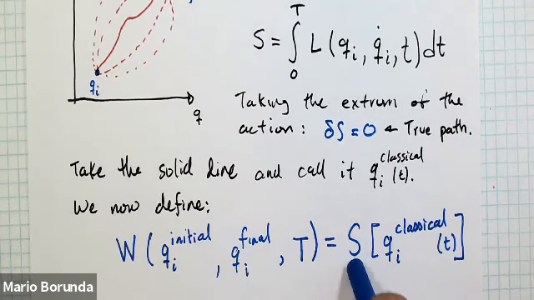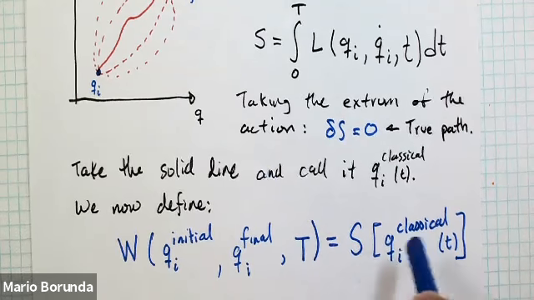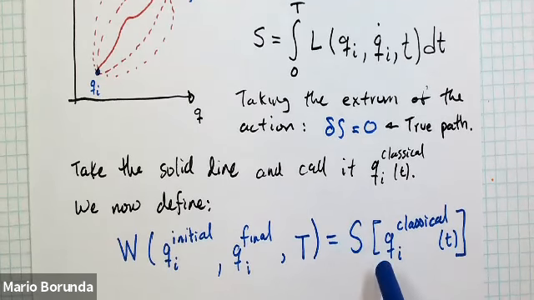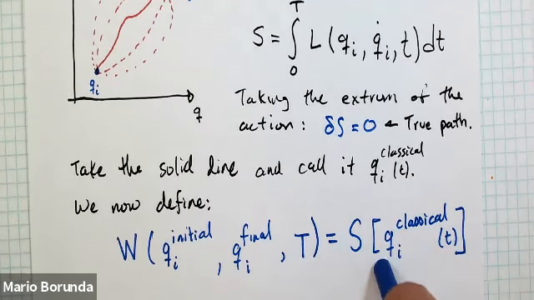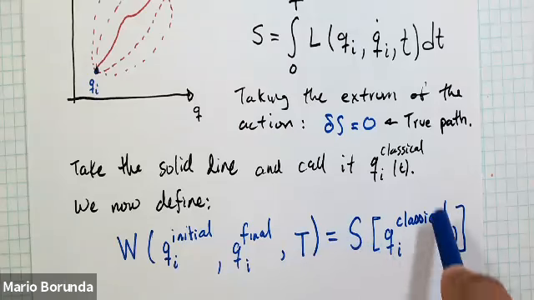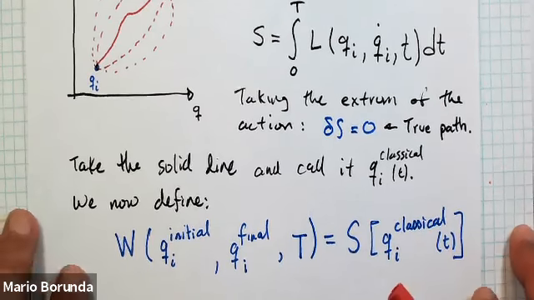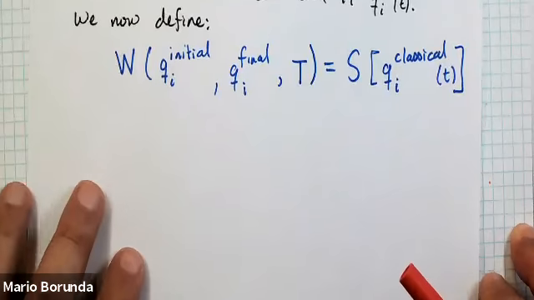So this action depends on this path and is a function of a function because this path depends on time. So this is just a functional on the path. And the action can be on any path, but the action for the classical path is our new quantity W. Questions at this point? We just defined it, right? All right, so let me move on then.